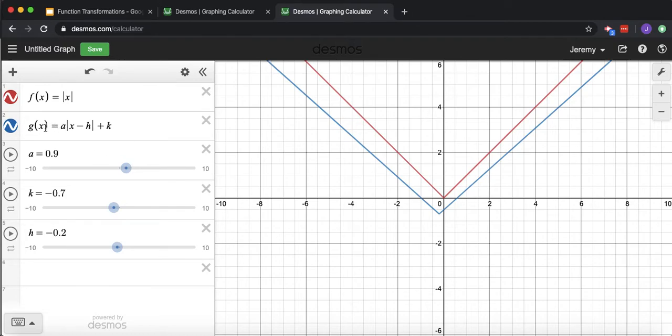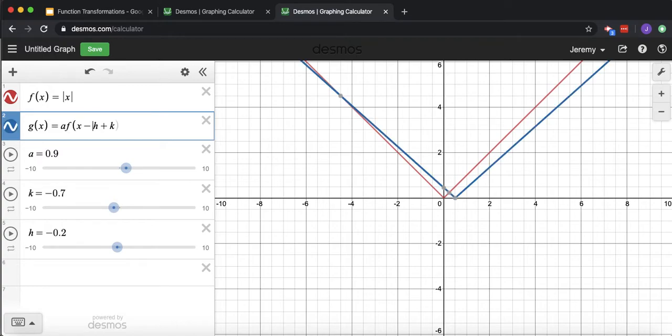I want to go one more step here. Instead of actually evaluating the absolute value, I'm just going to change it like this. So instead of a times the absolute value of the quantity x minus h plus k, whatever this function f is, I'm transforming it using these parameters.